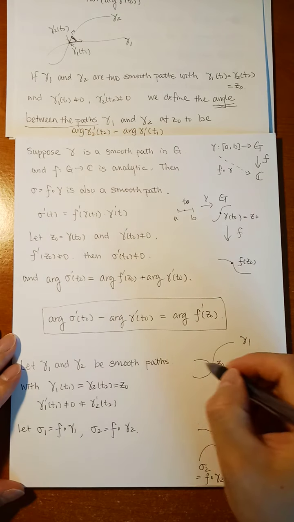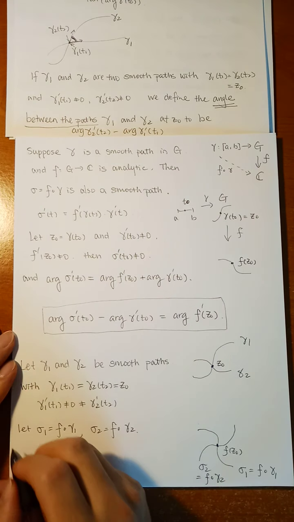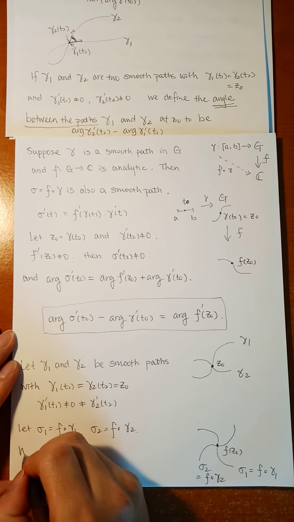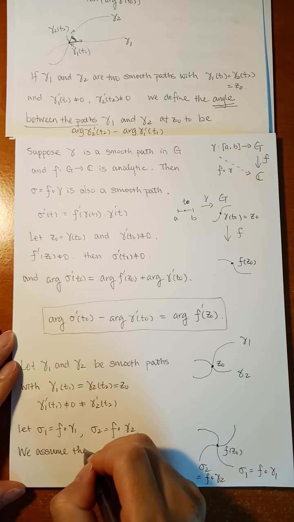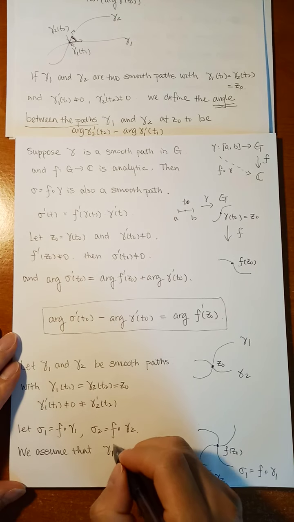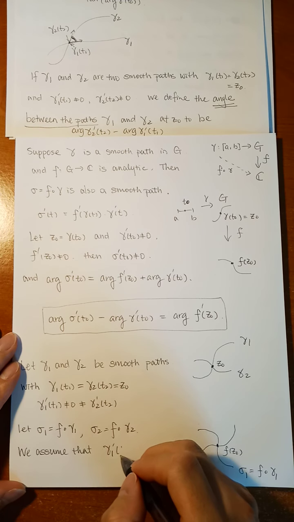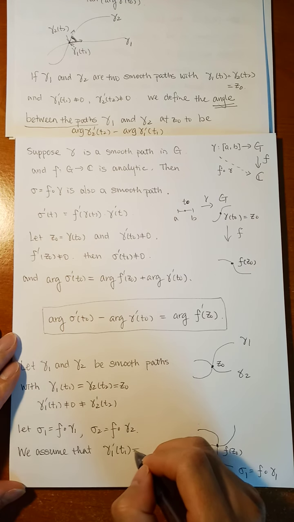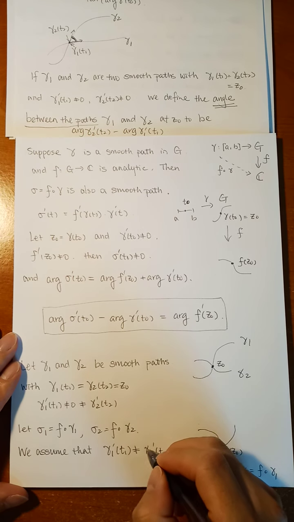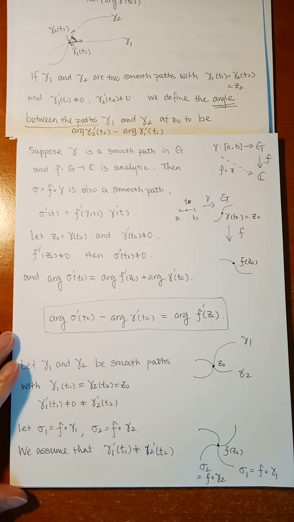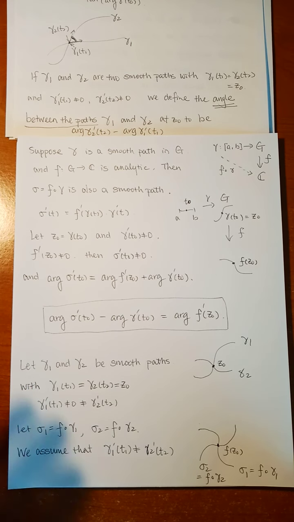Second, we assume they do intersect. We assume that gamma 1 prime of t1 is not equal to gamma 2 prime of t2. They do have an intersection.